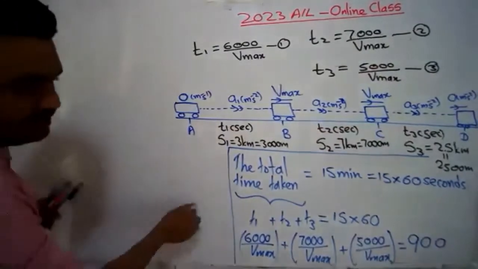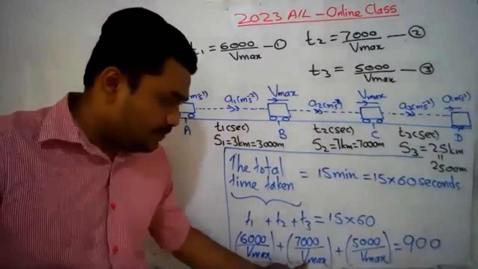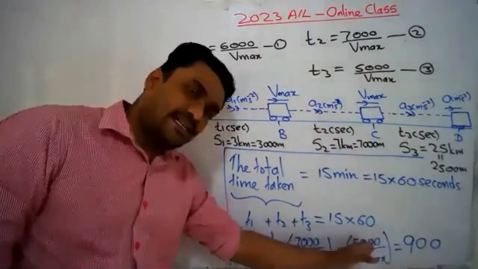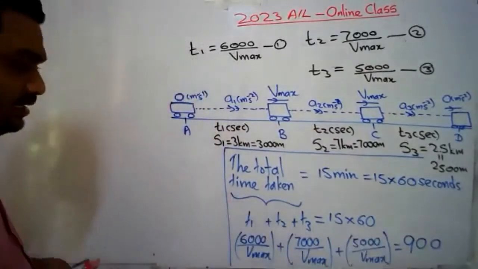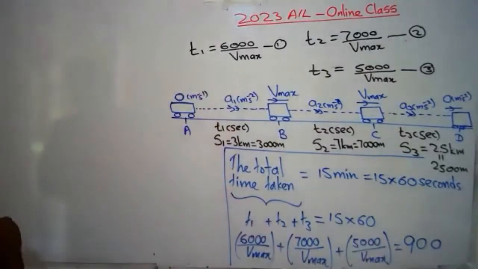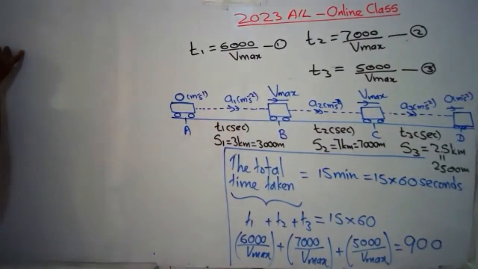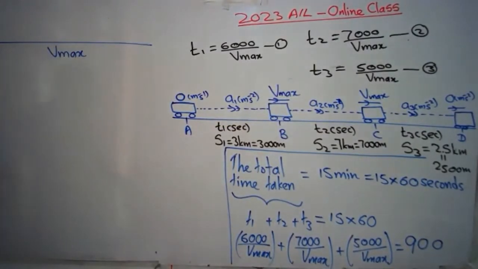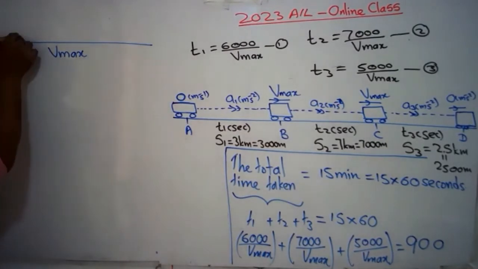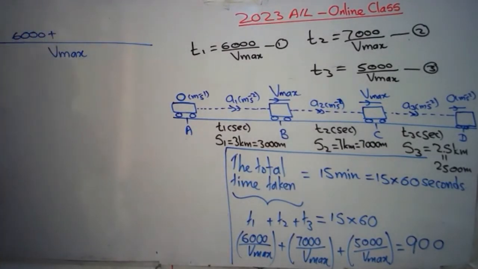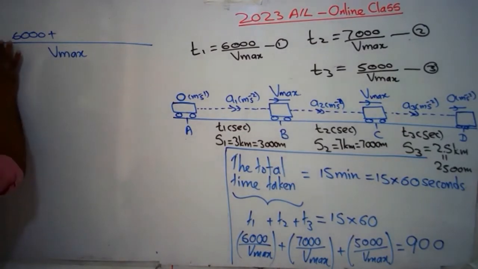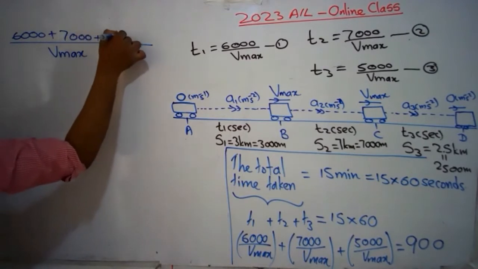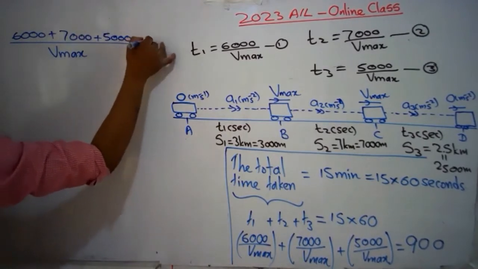Now look at the board. If you consider these three terms, the three denominators are the same, Vmax. Therefore, we can take Vmax as the common denominator for all the terms. The remaining terms here, 6000 plus 7000 plus 5000 equals 900.